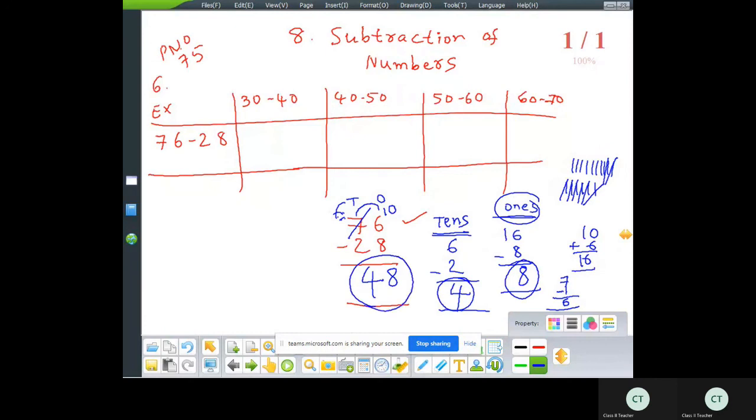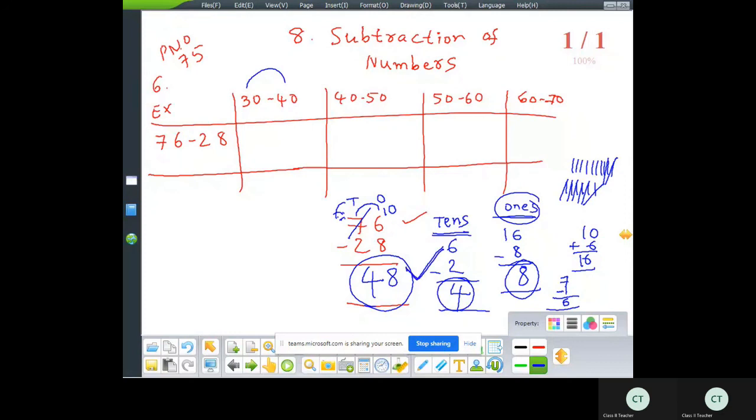Our answer 48 lies between which two numbers? Here see 30 to 40. 30 to 40 means counting numbers from 30 to 40. 31, 32, 33, 34, 35, 36, 37, 38, 39, 40. No. The next range is 40 to 50. We count numbers from 40 to 50. 41, 42, 43, 44, 45, 46, 47, 48. Our answer is 48.